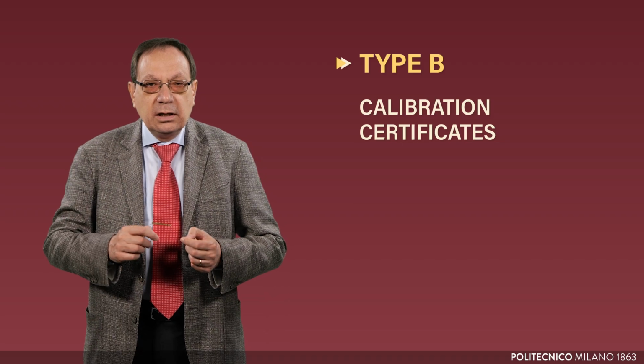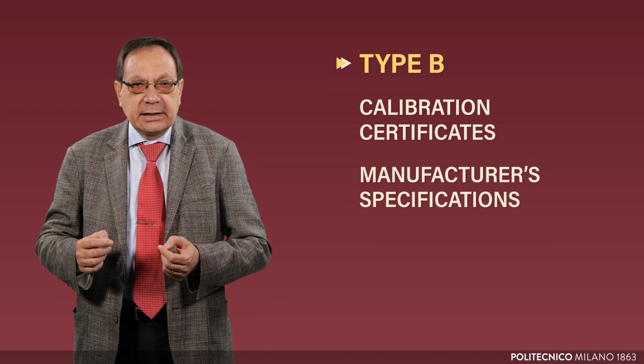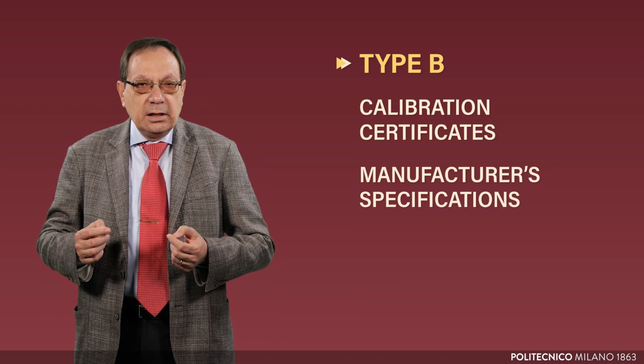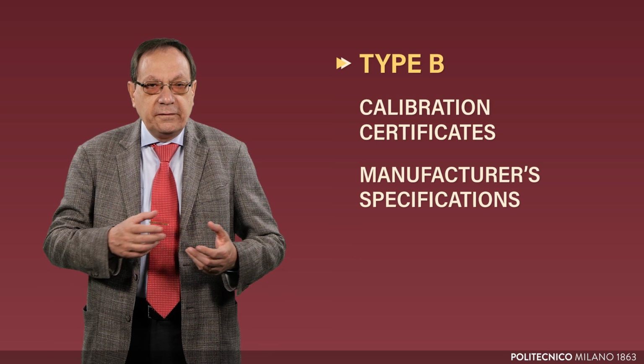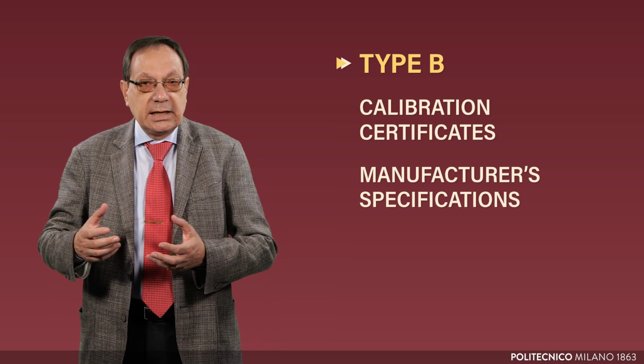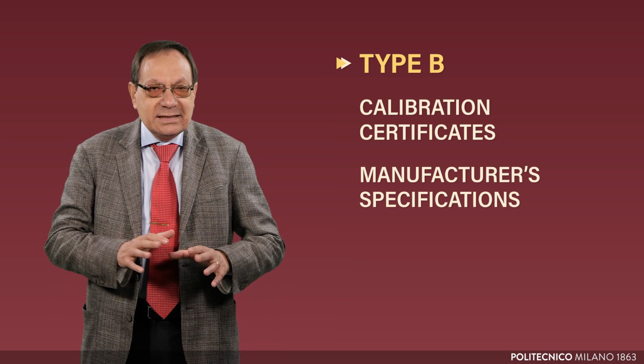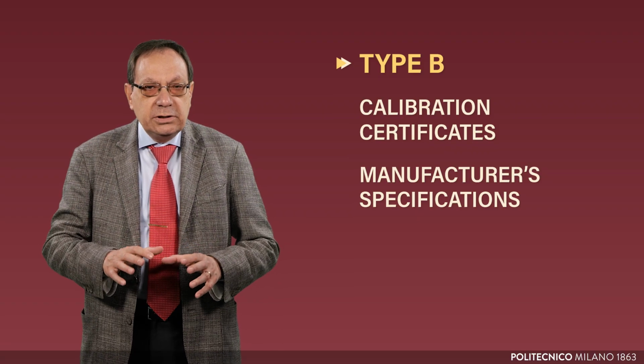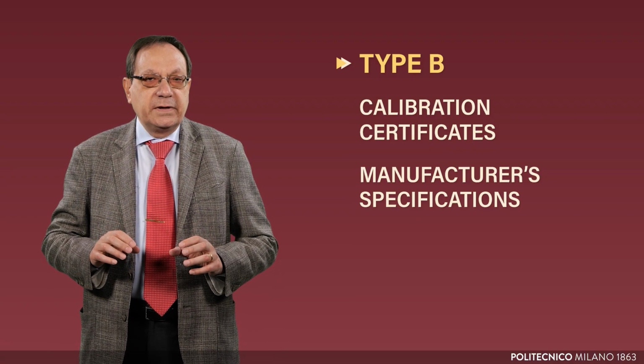In general, the information most commonly used in the type B method comes either from calibration certificates or from the manufacturer's technical specifications. We will see how to use the former when we discuss calibrations. Now let's look at an example of how to use the manufacturer's specifications.